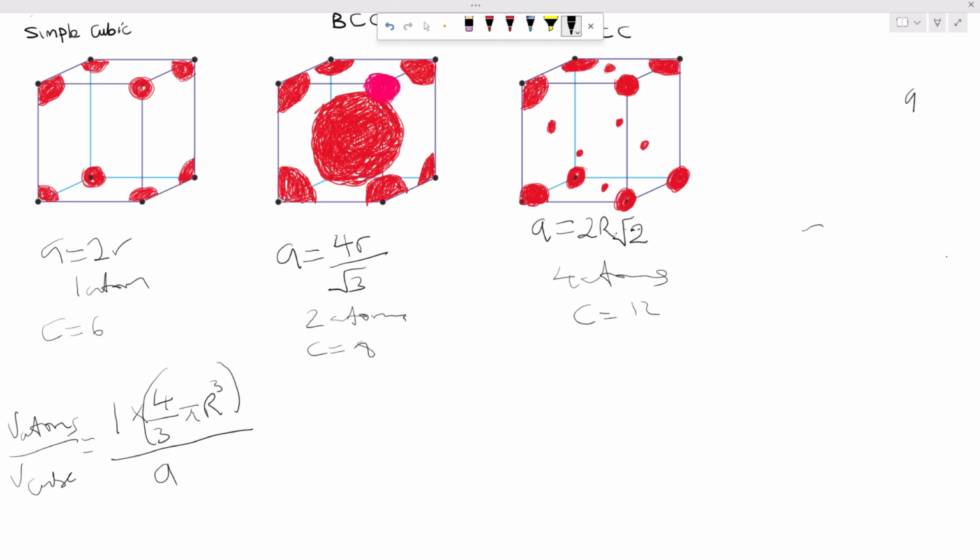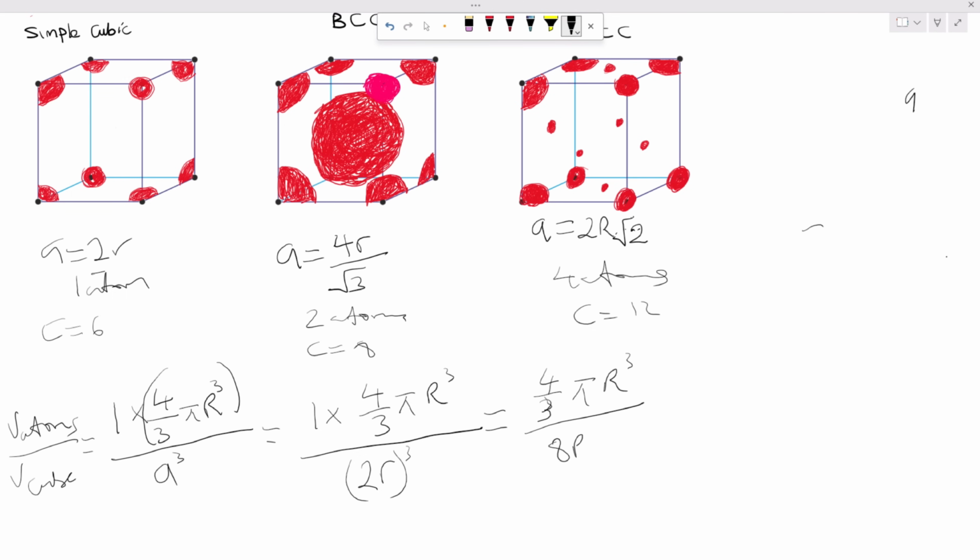So we expand this: 1 times 4 over 3 pi r cube over 2r into cube, which becomes 4 over 3 pi r cube over 8r cube.